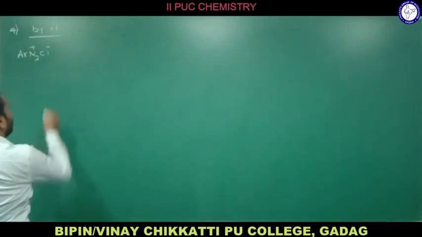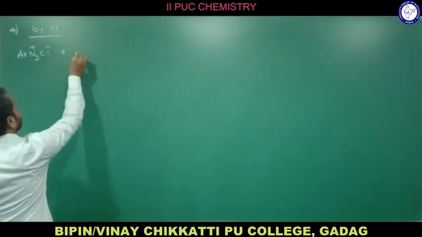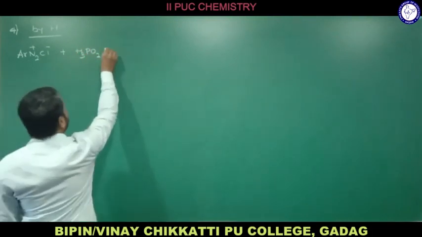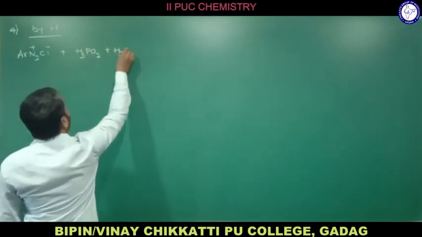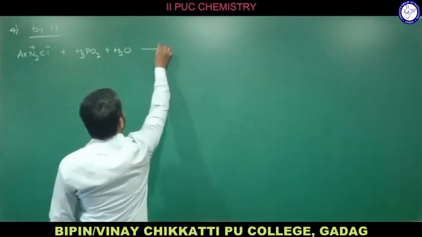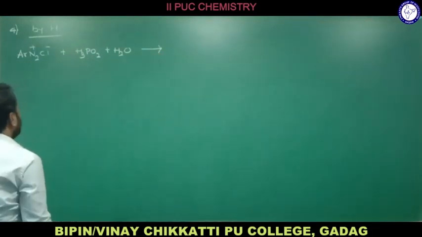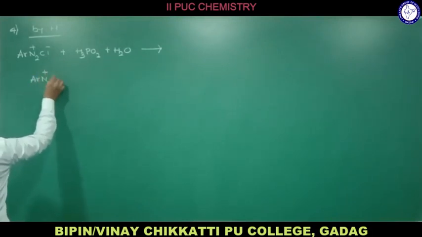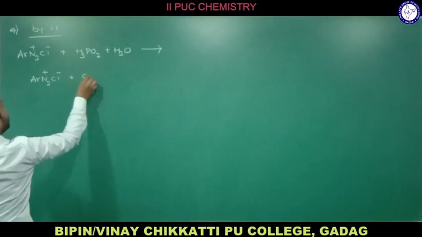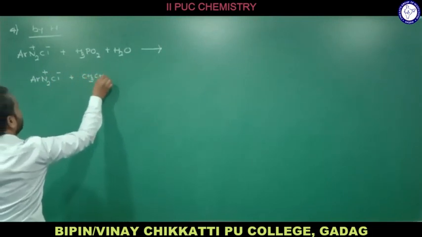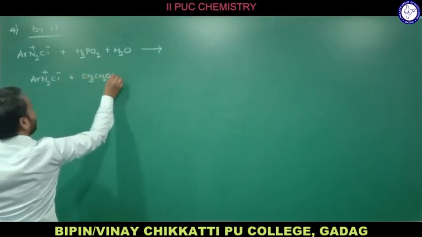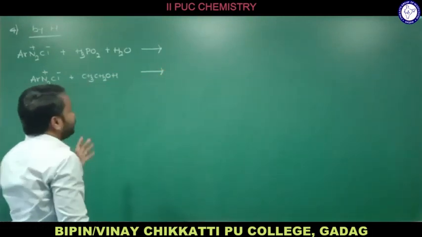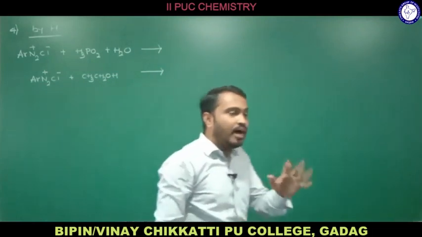When it reacts with the acid H3PO2 in the presence of water, this is the one reaction I am going to consider. One more of the same kind: when arene diazonium chloride reacts with ethanol, CH3CH2OH, the function of these two reagents is the same.